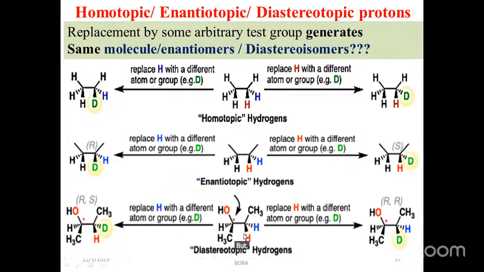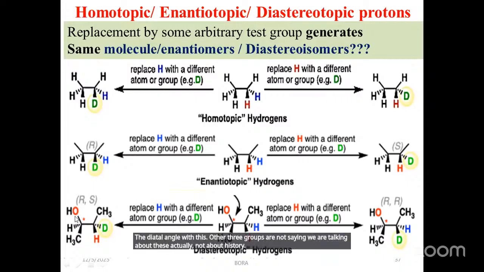But if I replace this hydrogen and get a molecule, you'll find the dihedral angles of the hydrogen and this D with respect to the other groups are not the same. We are talking about these actually, not about CH3. We are talking about OH, H and CH3.